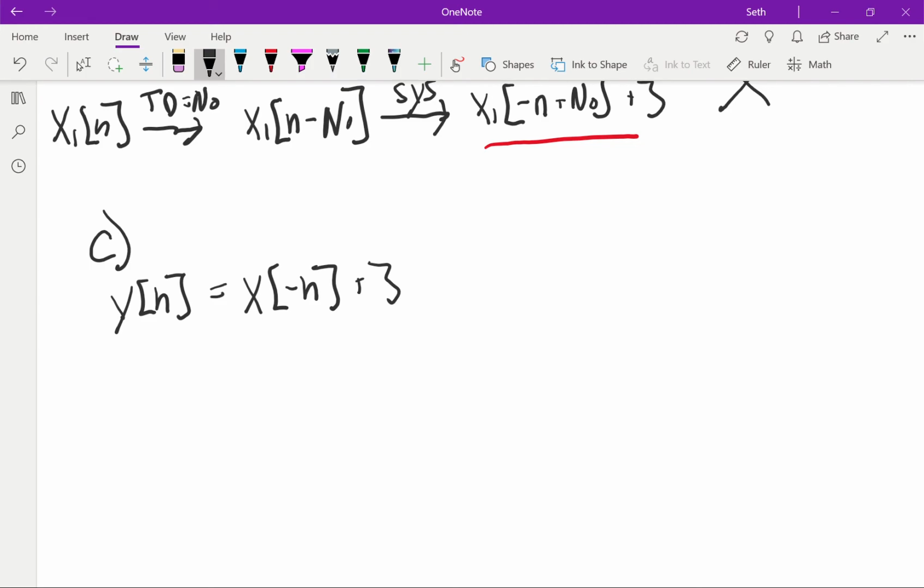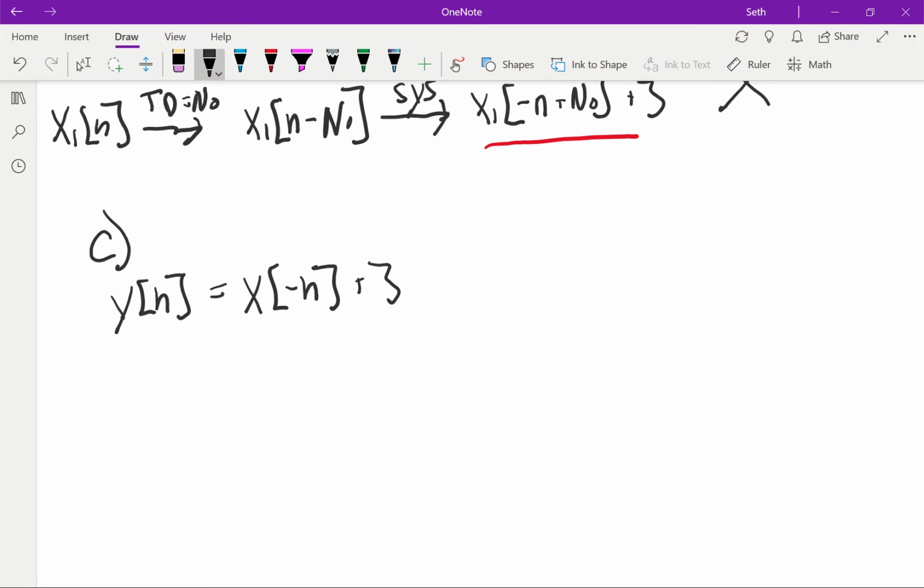Okay, a system is linear if it obeys the principle of superposition, and hopefully you know what that is. If you don't, go look up the exact definition on the midterm review, because I'm not going to give it here. I'm just going to test. First, we're going to treat the principle of superposition as two parts. It has to obey the principle of additivity, and it has to obey the principle of scaling.